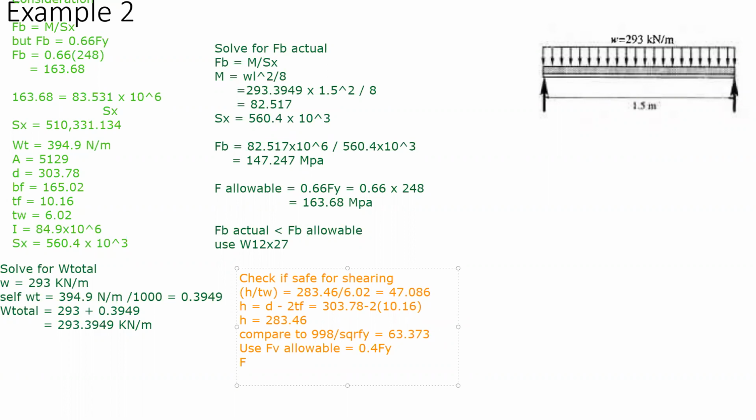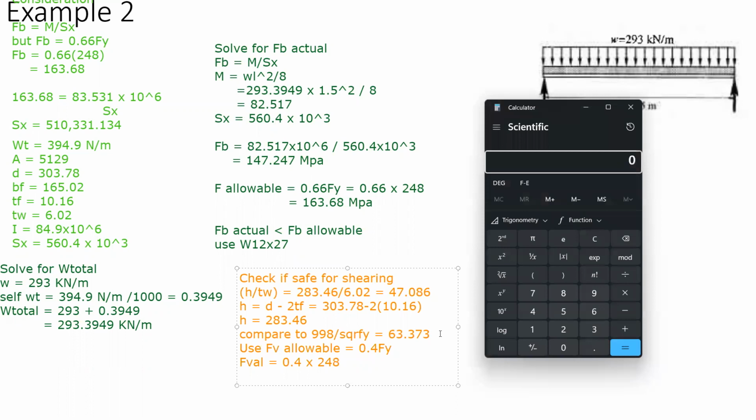So let's solve for that. FV allowable is equal to 0.4 times 248. You'll get 99.2.